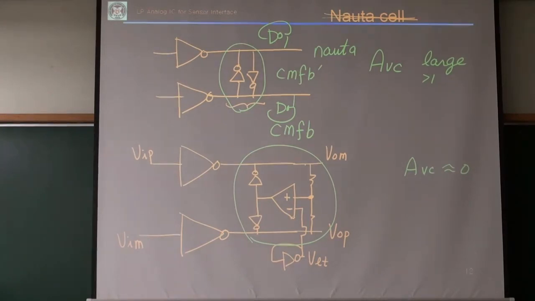Then let's just see, what is my differential mode gain? For the differential mode gain, yeah, this is for DC, so it doesn't drive. Differential mode gain can be just GMD times that arrow thing.